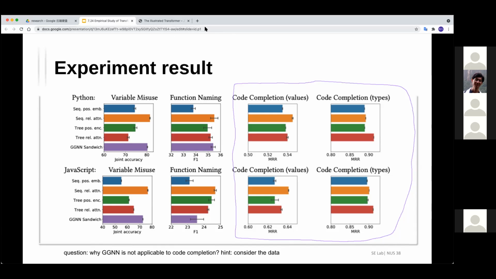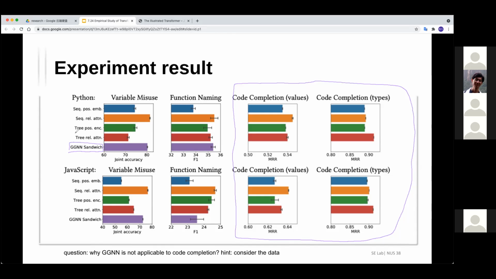From my side, it is because the GGNN has message passing, and it uses the whole AST tree. So the message passing involves all the nodes, and it prohibits using masking in the decoder. You can't mask one node, because if you mask one node, there's no message passing.